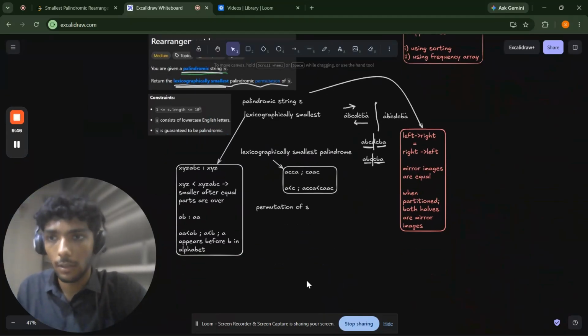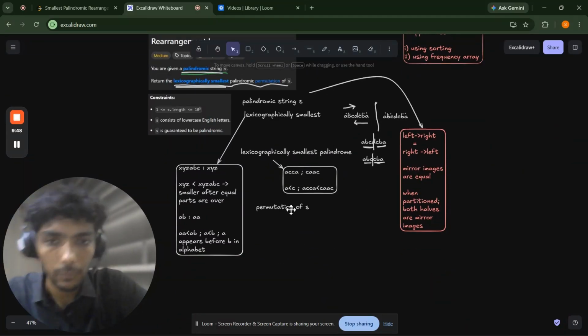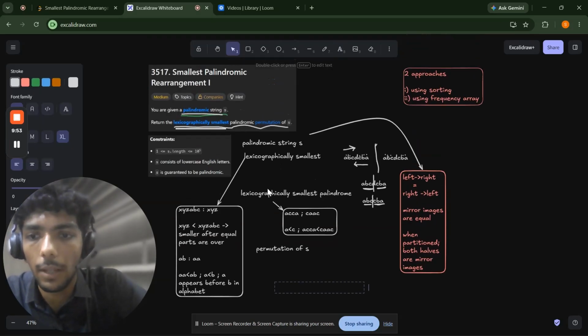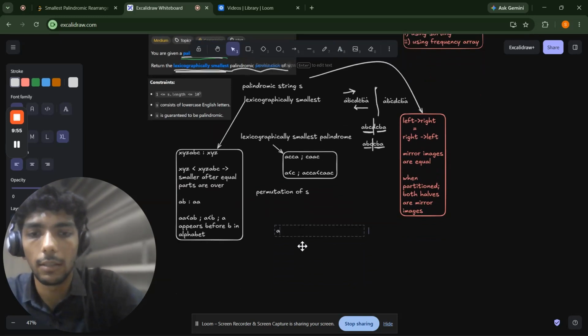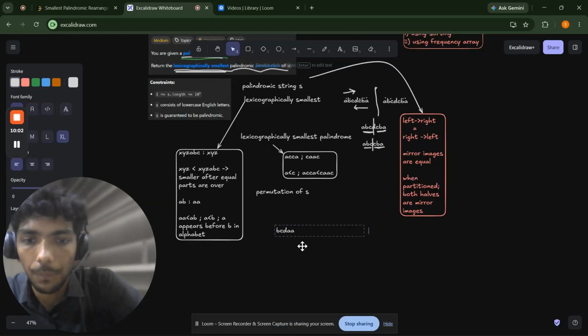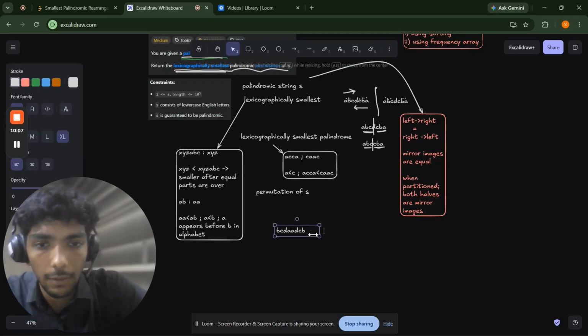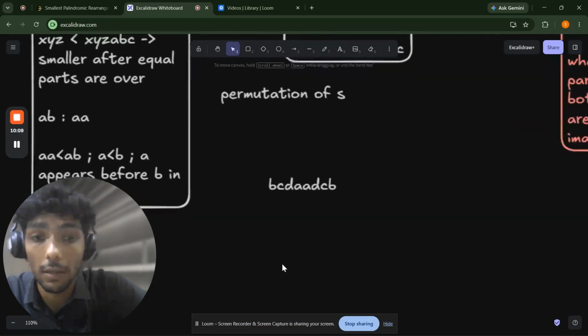Our main thing is to understand the question, and we are given that S is a palindromic string. So S, let's take an example: A, B, C, D, A, B, C, B. What we will check is first, is it palindromic? How do we check?